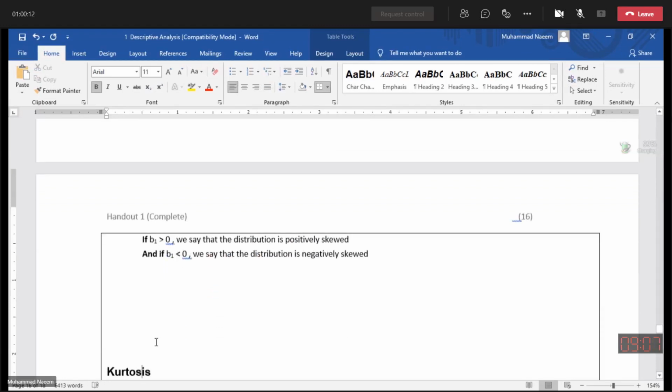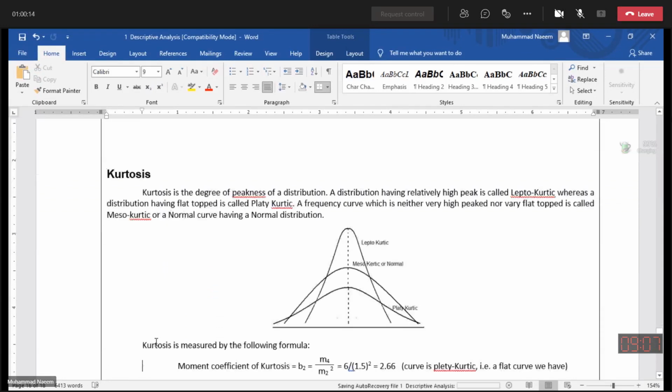Kurtosis is a measure to calculate the peakedness of the distribution. Sometimes we have a frequency curve with a high peak, an extraordinarily high peak, and sometimes it is flat, and sometimes it is in between, not so flat and not so high. It is called normal.